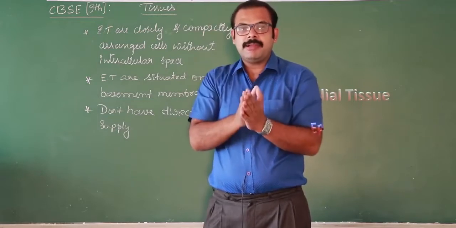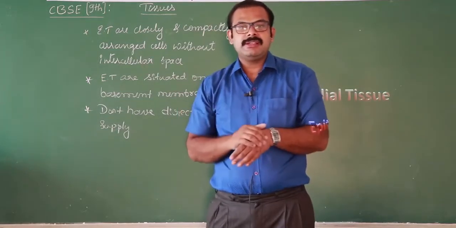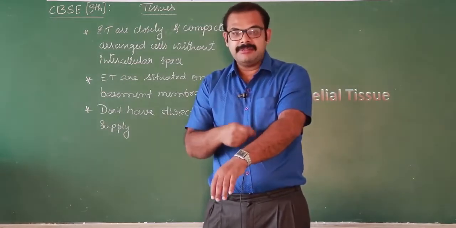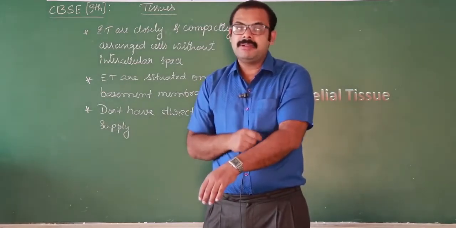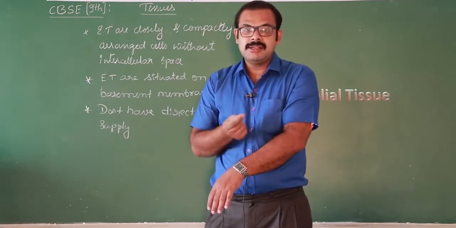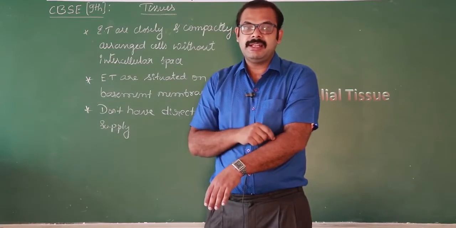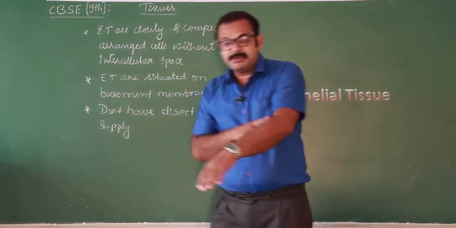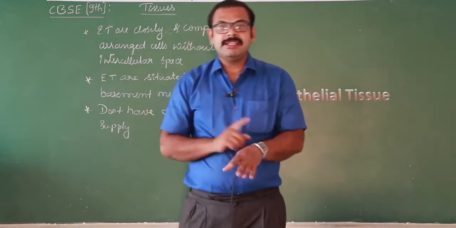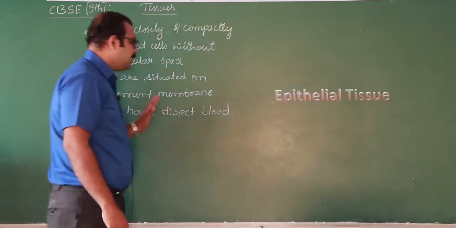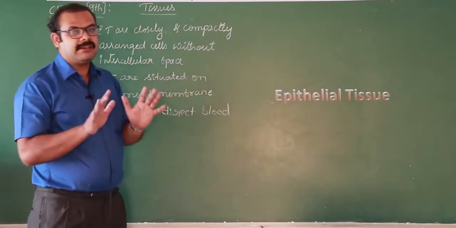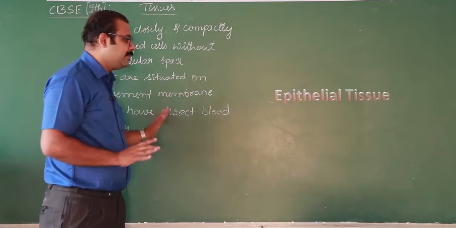So, while playing, if a scratch takes place on the skin, only the skin will rupture, but you will not see blood. If the wound is very deep, then you will observe blood stains or bleeding. This is because the epithelium does not contain any vascular supply, that is, blood supply. These are the general characteristics of epithelial tissue.